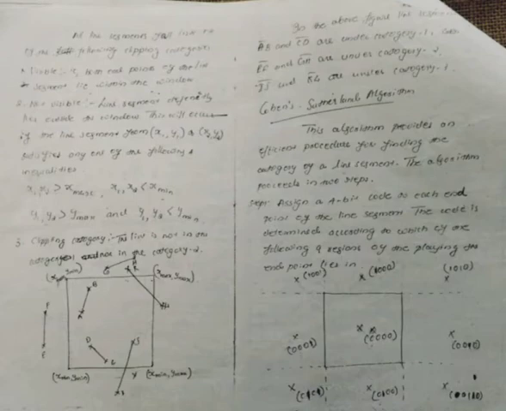If there is a line segment from (x1, y1) to (x2, y2), it must satisfy any one of the following four inequalities: x1 and x2 greater than x max, or x1 and x2 less than x min, or y1 and y2 greater than y max, or y1 and y2 less than y min. The third one is the clipping category: a line which is in neither category 1 nor category 2 is in the clipping category.